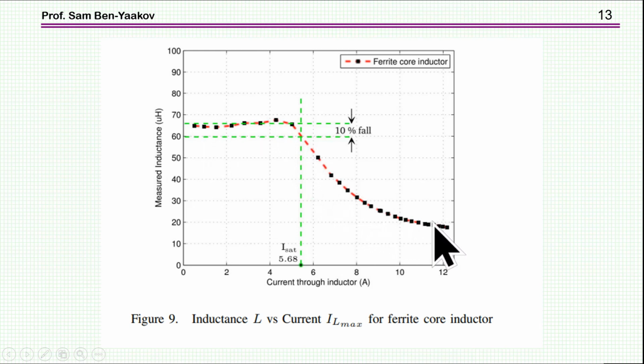So in order to get the energy stored in the inductor at, say, 10 amp, this is the value of the inductance that you have to take into account, rather than the inductance at low current. So this is the behavior of the inductor that they have tested.